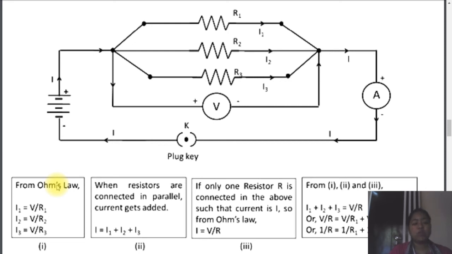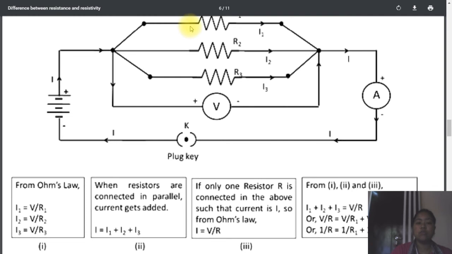We will rearrange this formula into the form of I. I is the ratio of V upon R. So we apply the formula I equals V upon R for the first resistor. The current flowing through the first resistor is I1, and its resistance is R1.